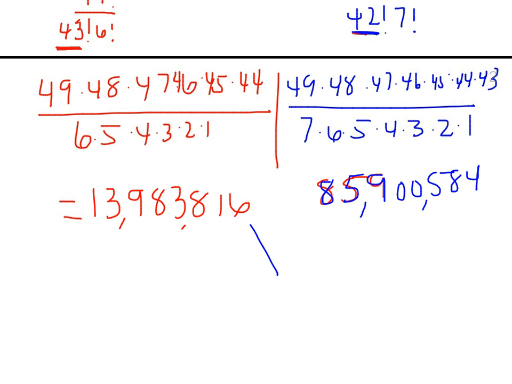Then we have to subtract these two numbers, and we should get our final answer of 71,916,768. So it's 71,916,768. That's the difference.